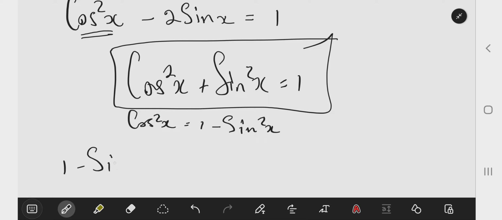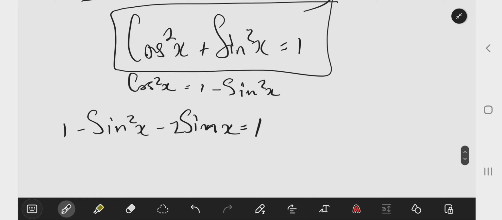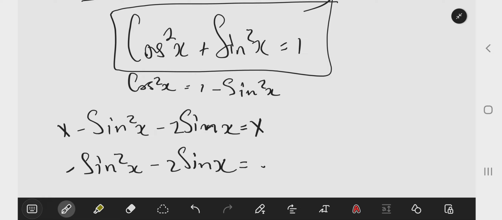So izothi 1 minus sin squared x minus 2 sin x equals to 1, right? And then labo 1 labo azokhanselana ngale ngapha nangale, and then it will be negative sin squared x minus 2 sin x equals to 0.